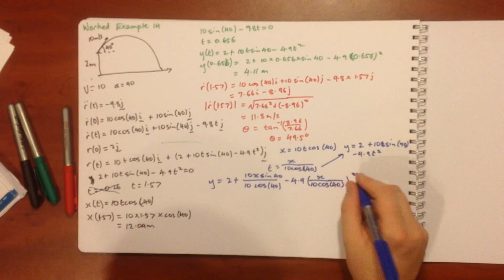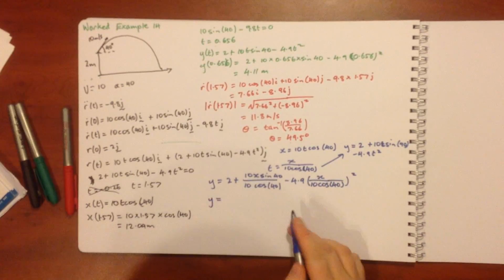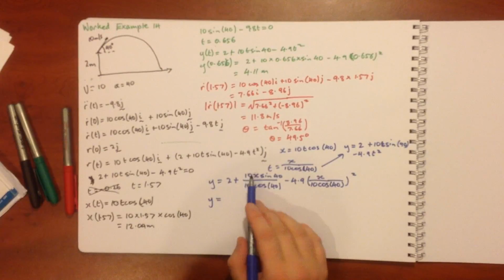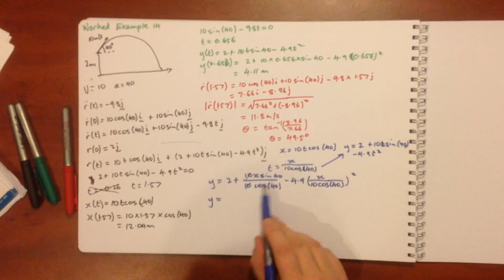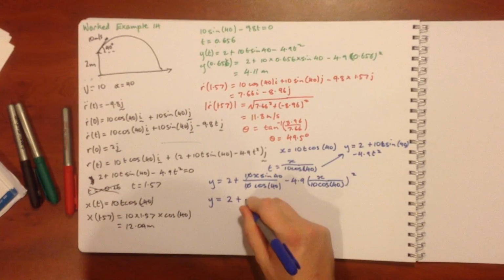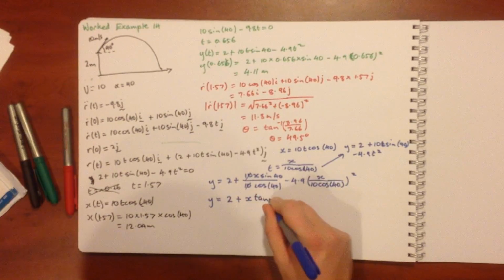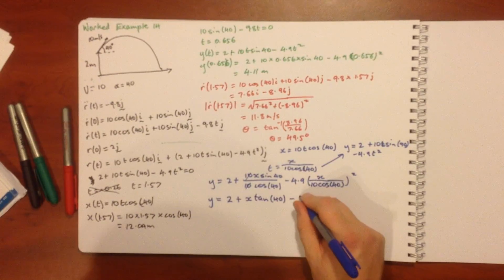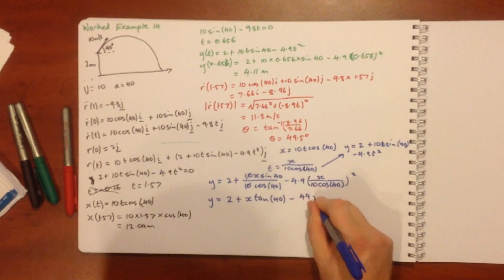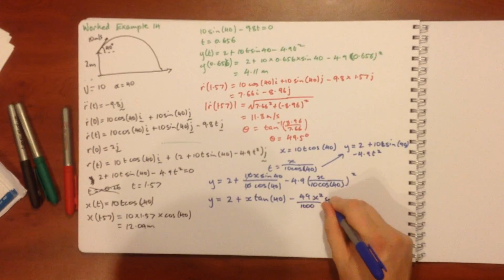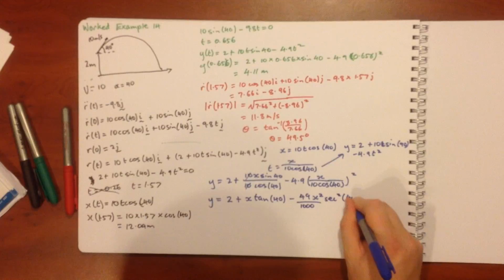squared. And if you actually expand out and collect our like terms, we can simplify: our 10s are going to cancel out, sine over cos is tan, all those types of things. Then we get 2 plus x tan of 40, minus 49x squared on 1000 sec squared of 40.